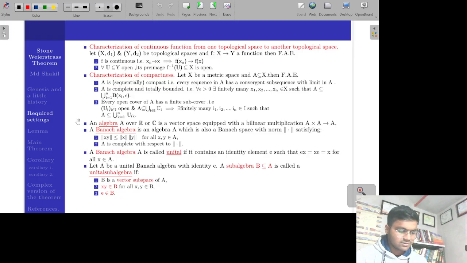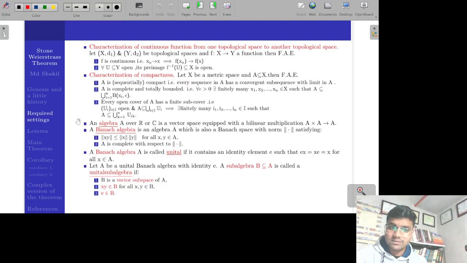Now we are talking about the Banach algebra. A Banach algebra, as the term suggests, is an algebra and it is a special kind of Banach space. A Banach space is nothing but a normed linear space, a normed vector space, which is complete. If a normed vector space is complete, then it is called a Banach space.